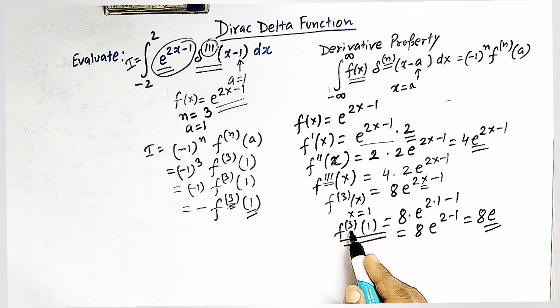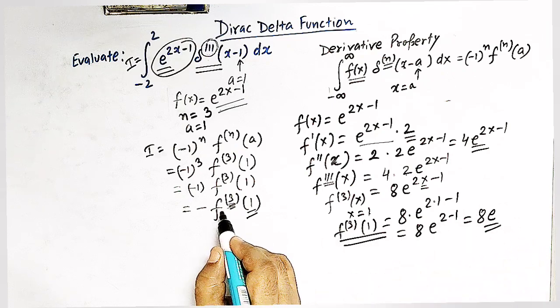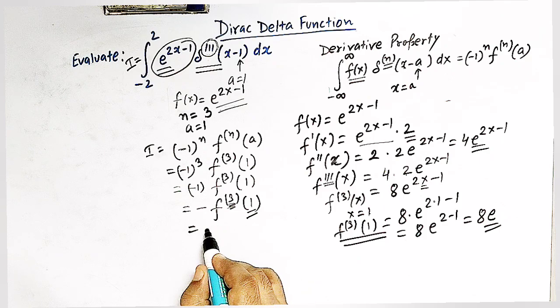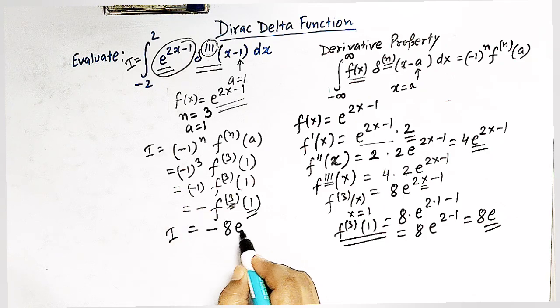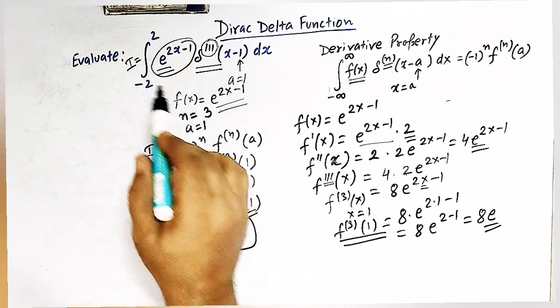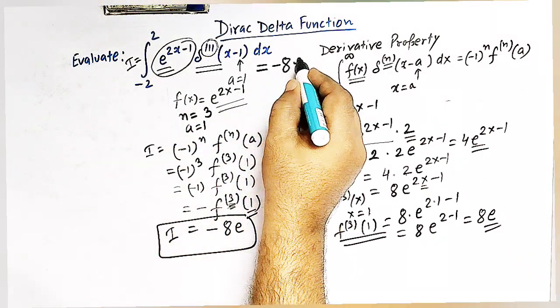So let us substitute this value of third derivative of f of x at x is equal to 1 as 8e in this expression. So the value of I is minus 8 times e, right? So the value of this integral is equal to minus 8 times e.